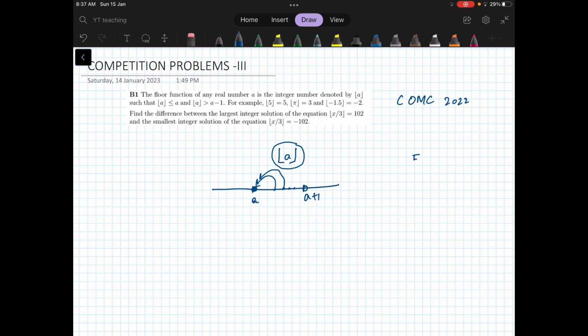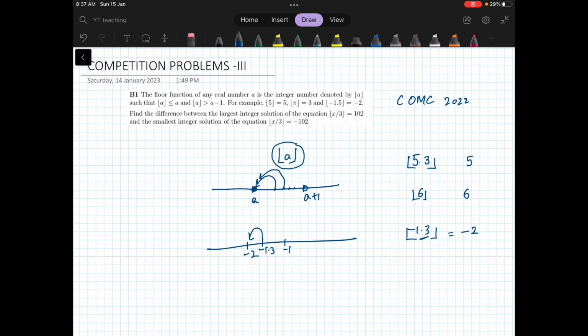For example, 5.3: I know 5 is the largest integer which is less than my number. For 6, the largest integer less than or equal to my number is 6. Now take minus 1.3. Minus 1.3 is here, between minus 2 and minus 1, so it goes to minus 2, not minus 1, because minus 2 is the largest integer which is smaller than minus 1.3.